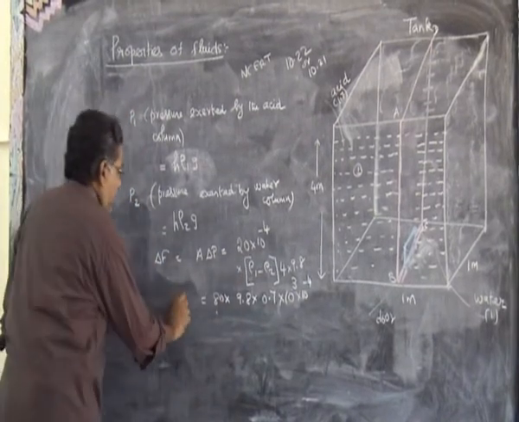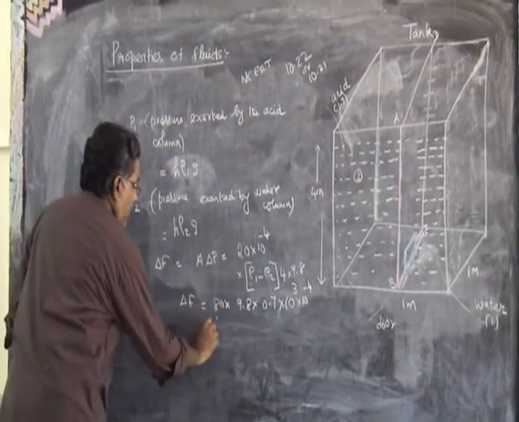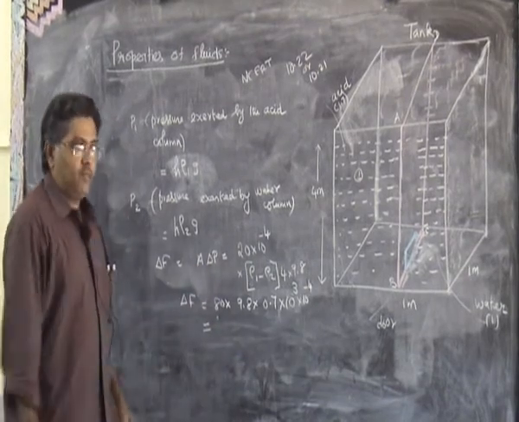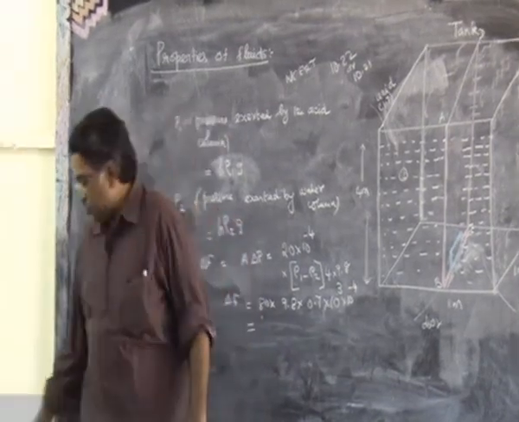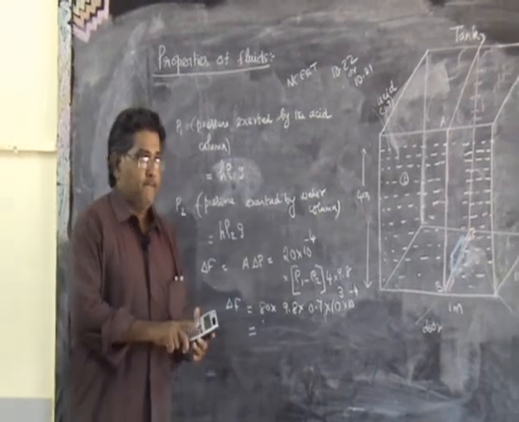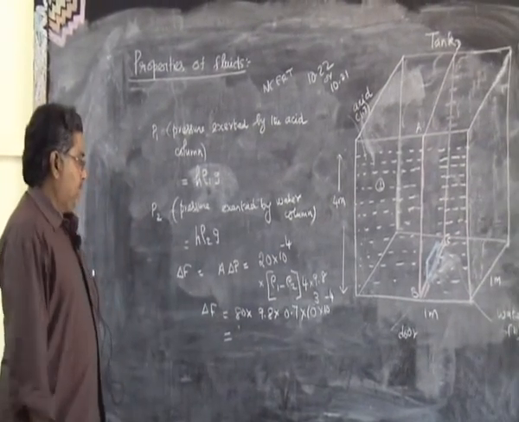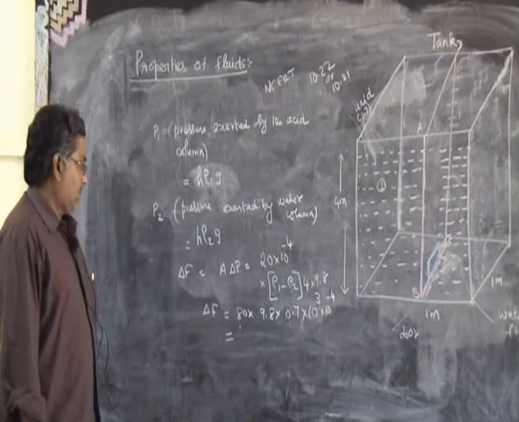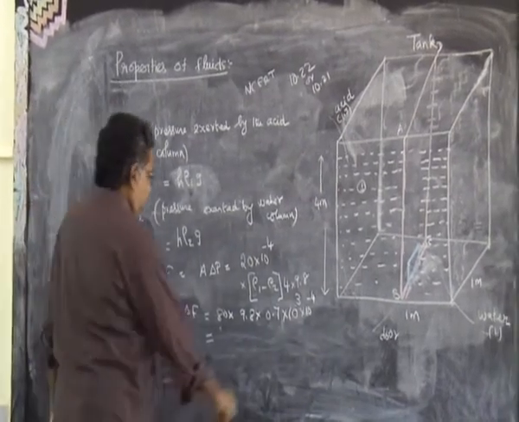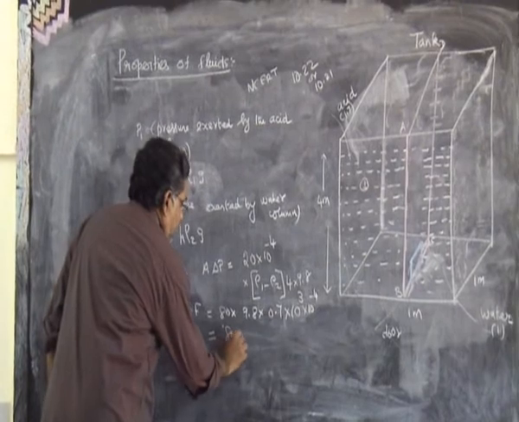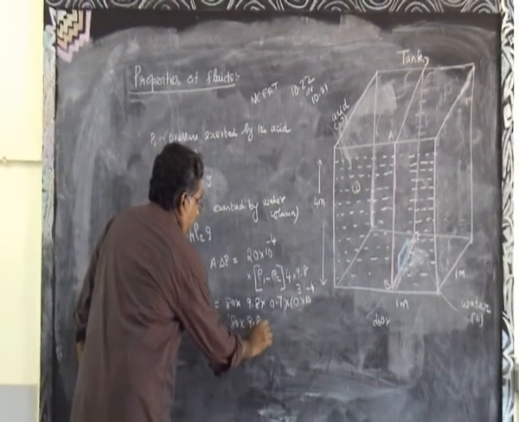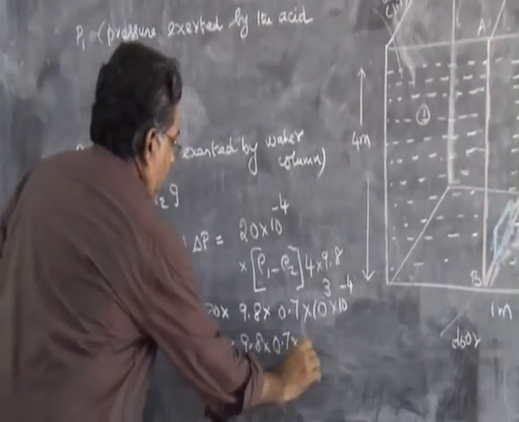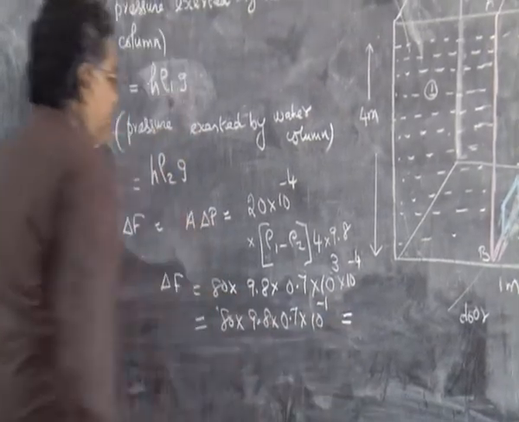This is the difference in force. So much Newton it will be. So 80 into 9.8 into 0.7 into 10 power minus 1.